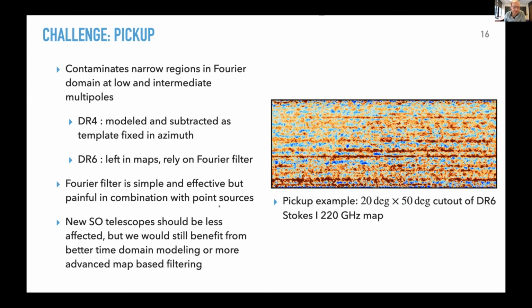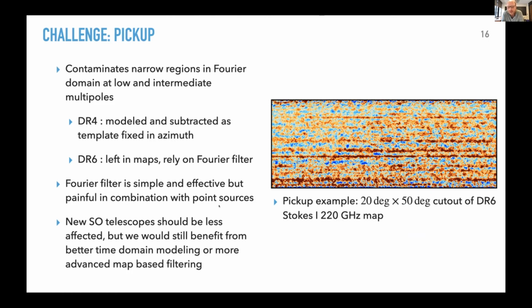Okay, the other challenge I want to talk about is what we call pickup. Pickup, sometimes referred to as ground pickup, but it's not entirely clear that every part of this signal comes from the ground. It's some roughly scan synchronous signal that contaminates our map.